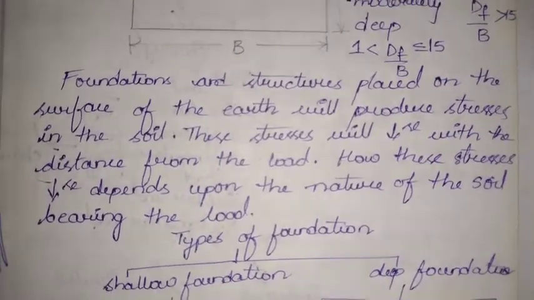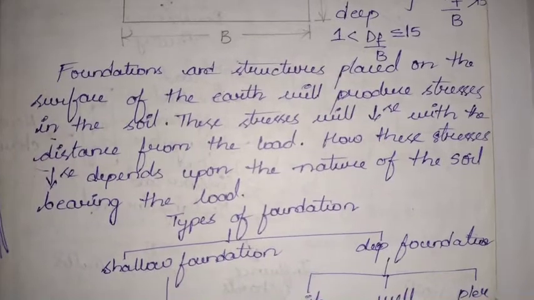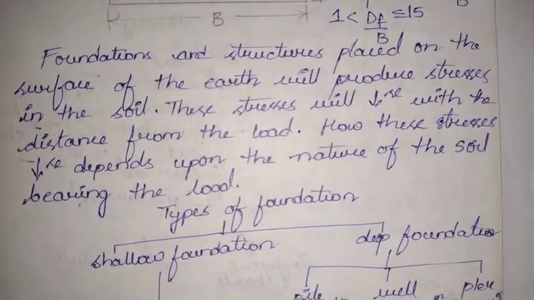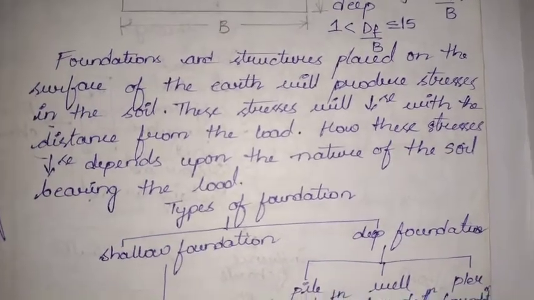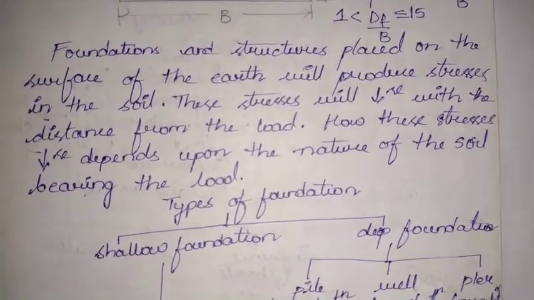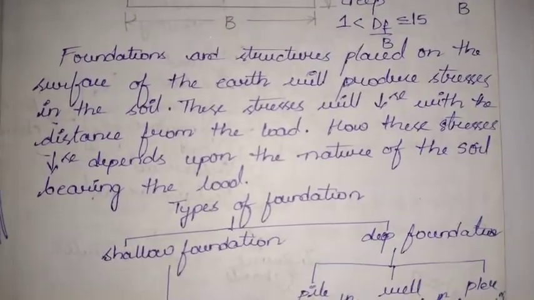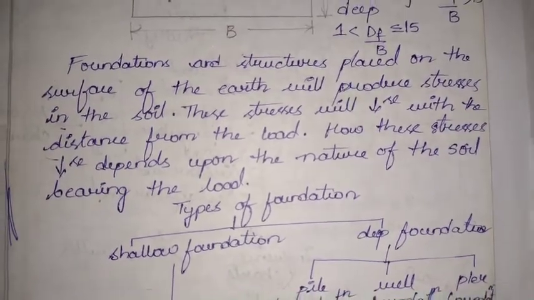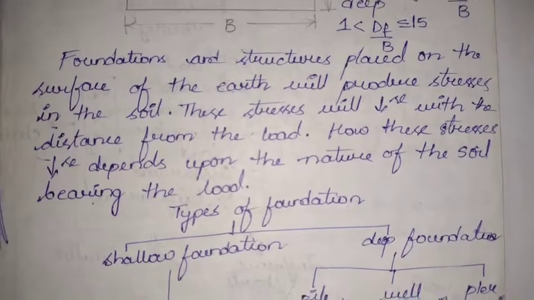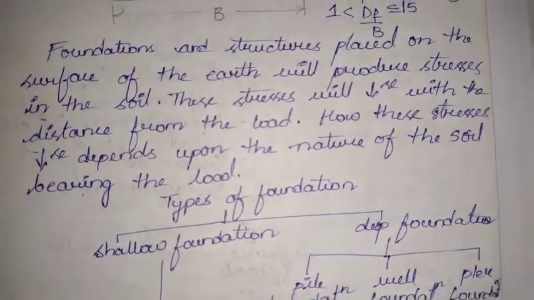Coming to the introduction part, foundations and structures placed on the surface of the earth will produce stresses in the soil. These stresses will decrease with the distance from the load. How these stresses decrease depends upon the nature of the soil bearing the load. We are just talking about the stress distribution.